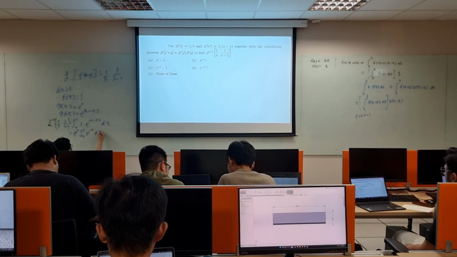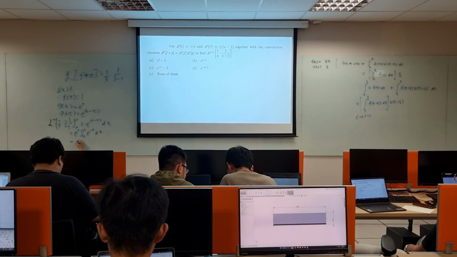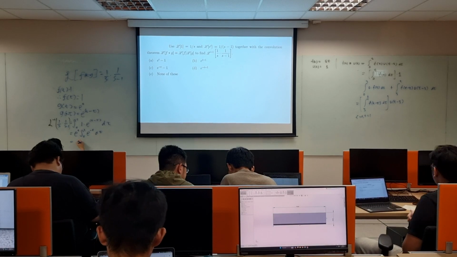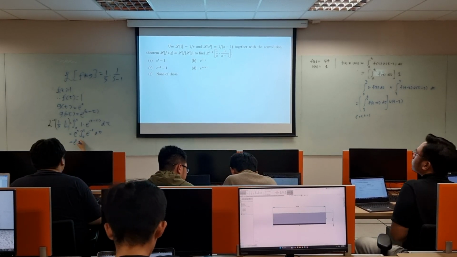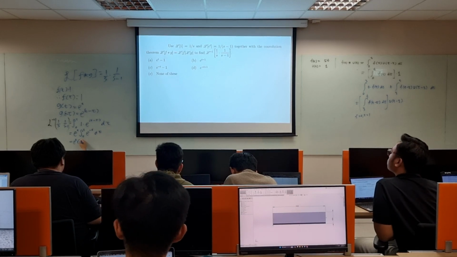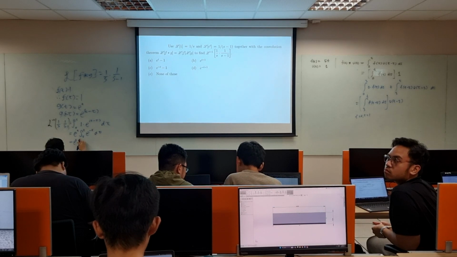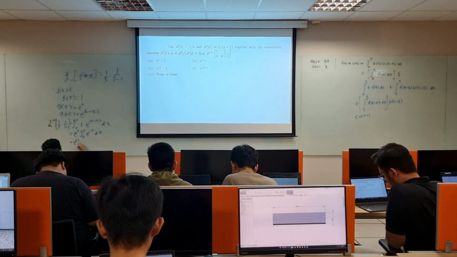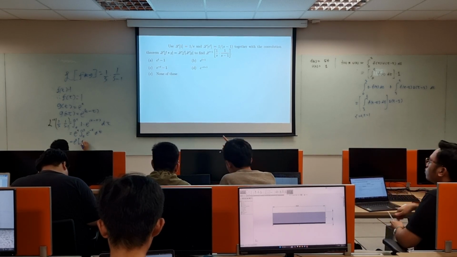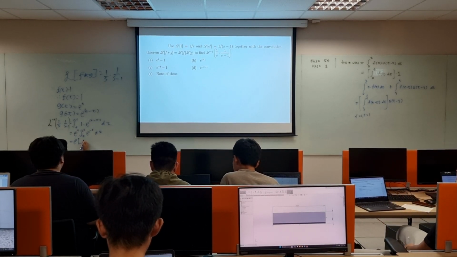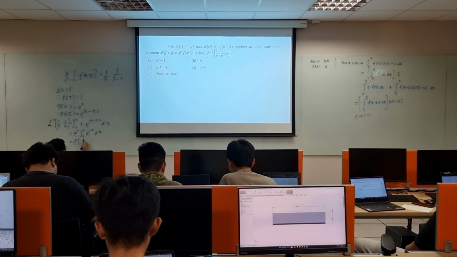Now you just integrate e to the minus tau. You write e to the power t first, and then in a square bracket, what is the integral of e to the minus tau?